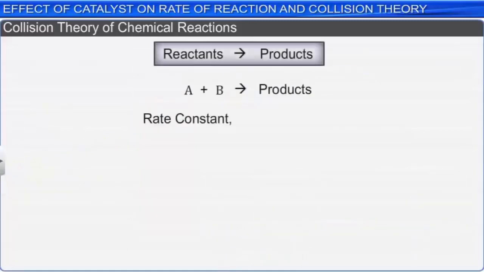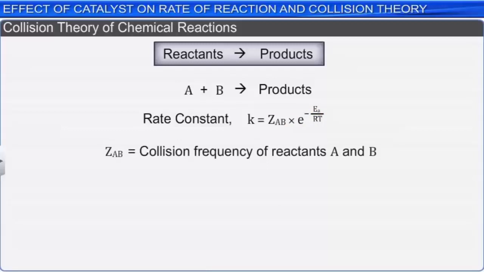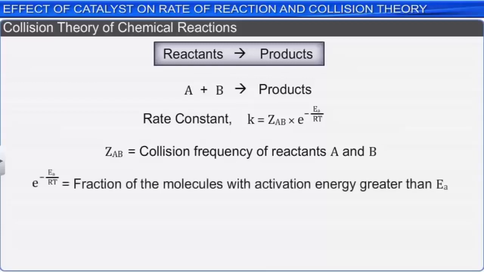The rate constant for a simple bimolecular reaction, as predicted by the collision theory, is K is equal to ZAB multiplied by e to the power minus EA by RT, where ZAB is the collision frequency of reactants A and B, and e to the power minus EA by RT is the fraction of the molecules with activation energy greater than EA. The Z in this equation can be compared to the factor A in the Arrhenius equation.